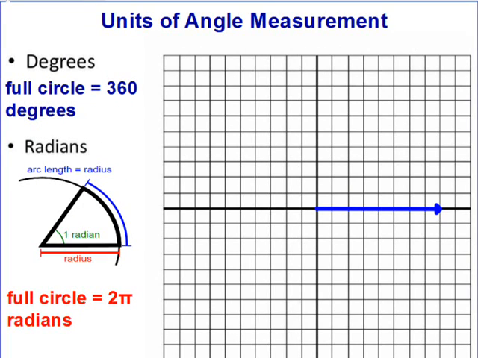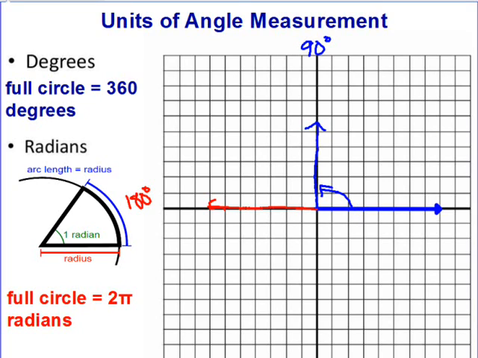We have two different units of angle measurement. Degrees you are familiar with, and remember a full circle would be 360 degrees. So if I drew an angle here, that would be a 90-degree angle. If I drew one here, that would be a straight line, which is 180 degrees. Both of these, we're going in a positive direction.